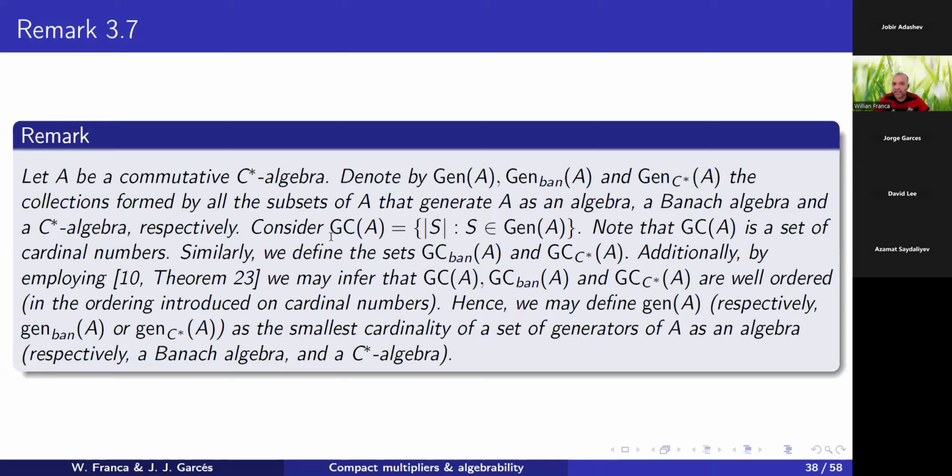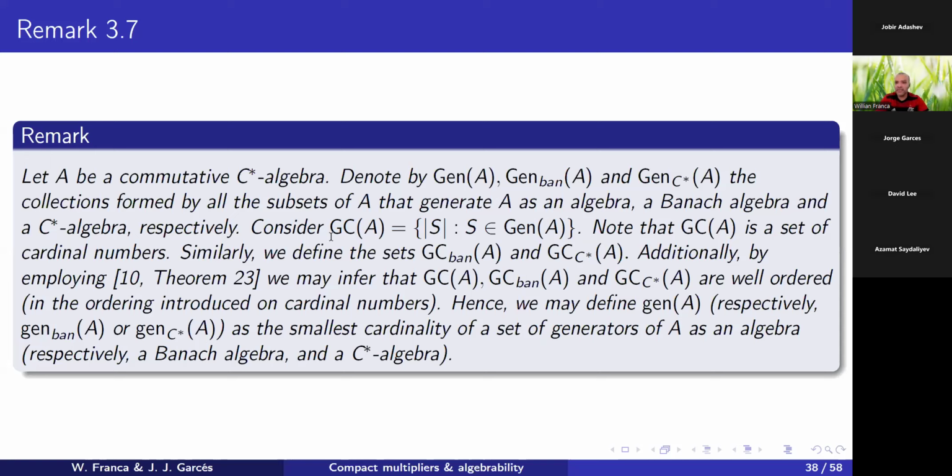If we can find the smallest element in this case, that means we can find the generating set with smallest cardinality. And that can be done regardless of whether or not there is a minimal generating set. From this point of view, that gives us more freedom.